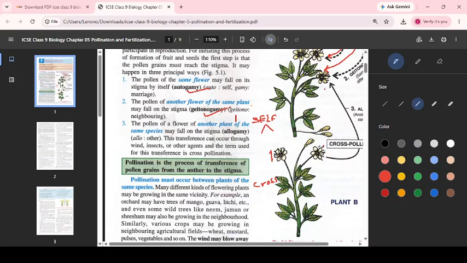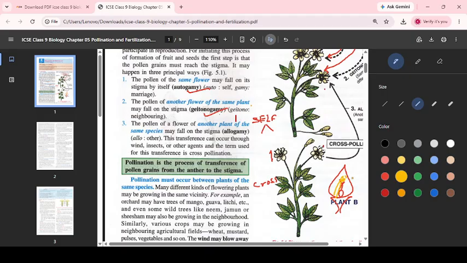Even in autogamy, you will find one condition where pollination takes place in the bud condition, when this bud is never opening, but even though pollination has taken place, how is it possible? Because the stigma is present in this situation and this stamen is present or lying in such a way so that anthers are releasing pollen grain on stigma itself.